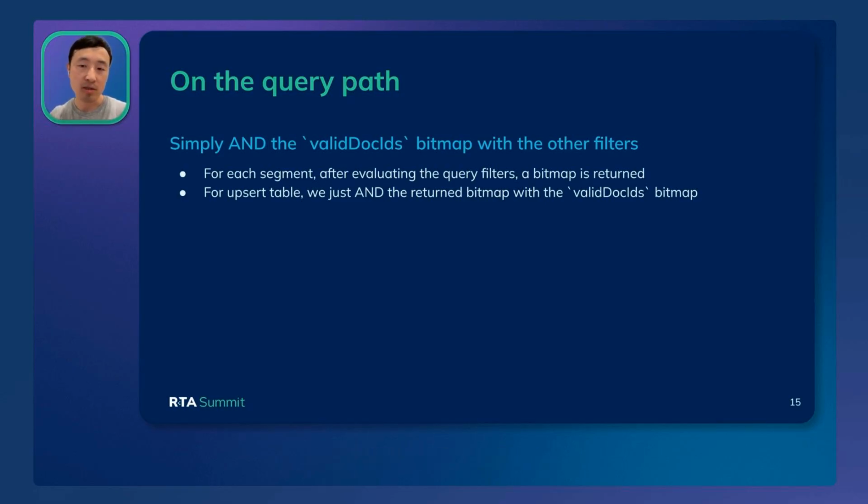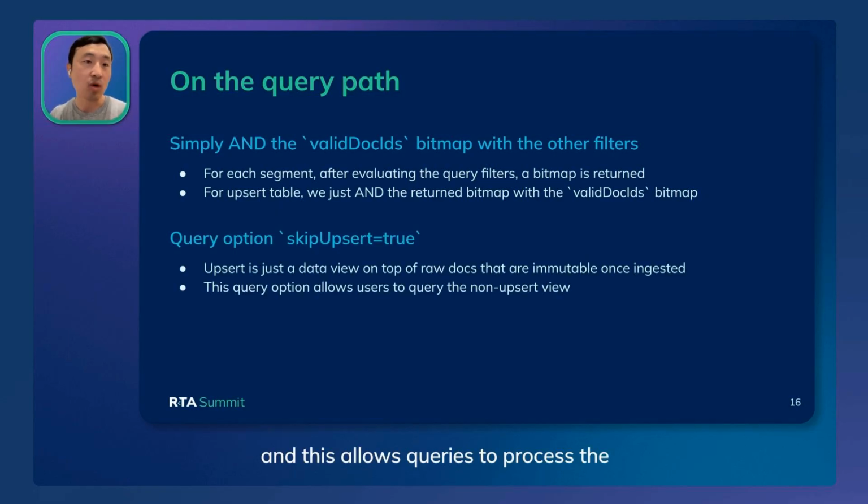And as we just mentioned, Upsert is just a data view. So users can actually bypass this view by setting this query option called skipUpsert. And this allows queries to process the raw segments directly, and this can be useful for some debugging use cases.